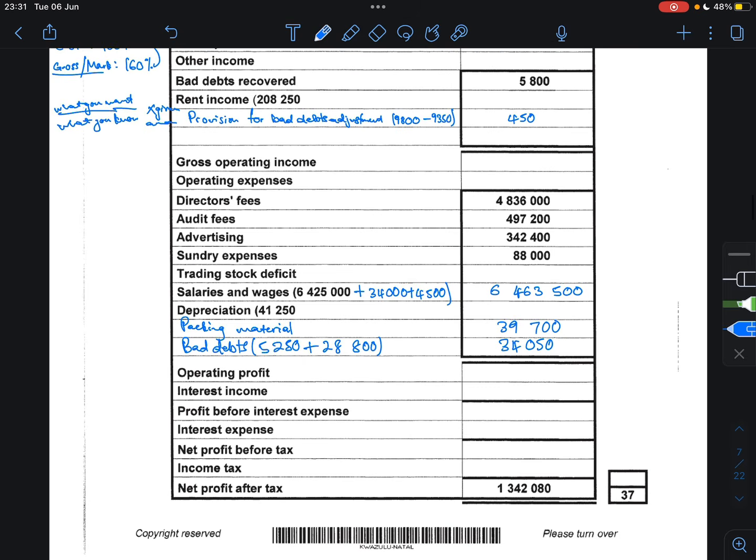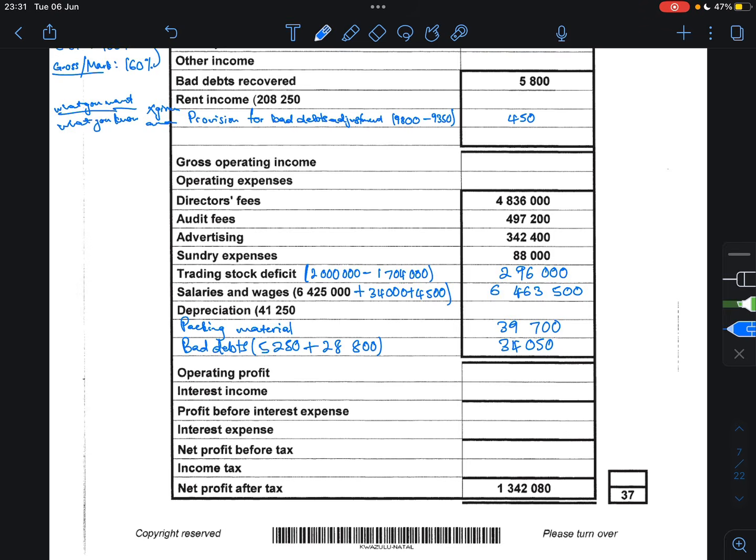So which means our stock was overstated. So our trading stock deficit would be 2 million minus 1,704,000. So we have 296,000 worth of stock that we have lost.